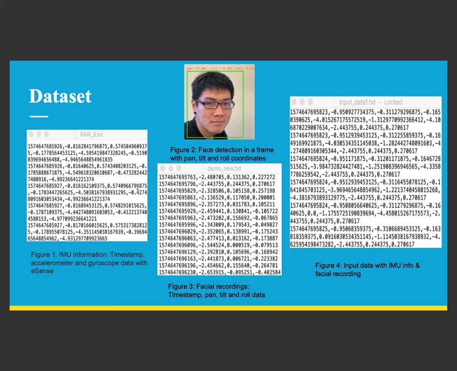And the third picture is facial recordings. The data on it are timestamp, pan, tilt, and roll coordinates. And combining the first and the third data sets, we have our input data with IMU information and facial recordings.